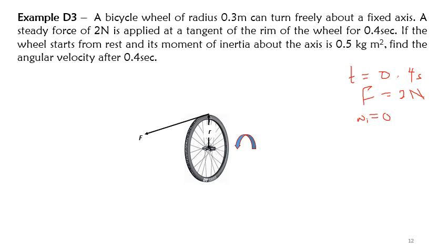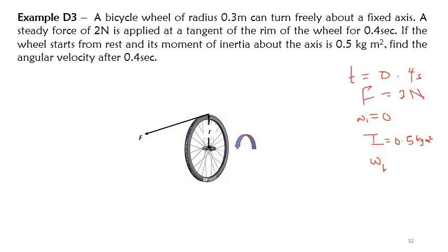And the moment of inertia of the wheel is 0.5 kilogram meter squared. Find the angular velocity, omega F, which I can also call omega 2, after 0.4 seconds. So I am applying the force for 0.4 seconds to rotate it.